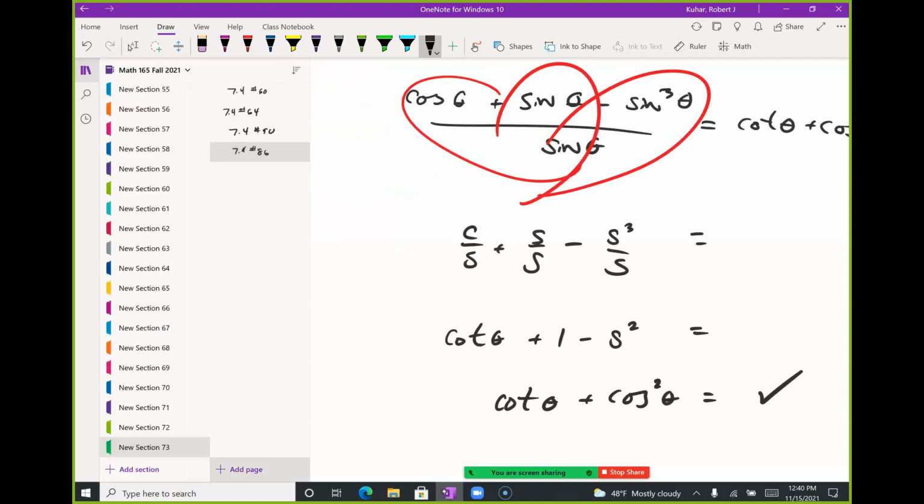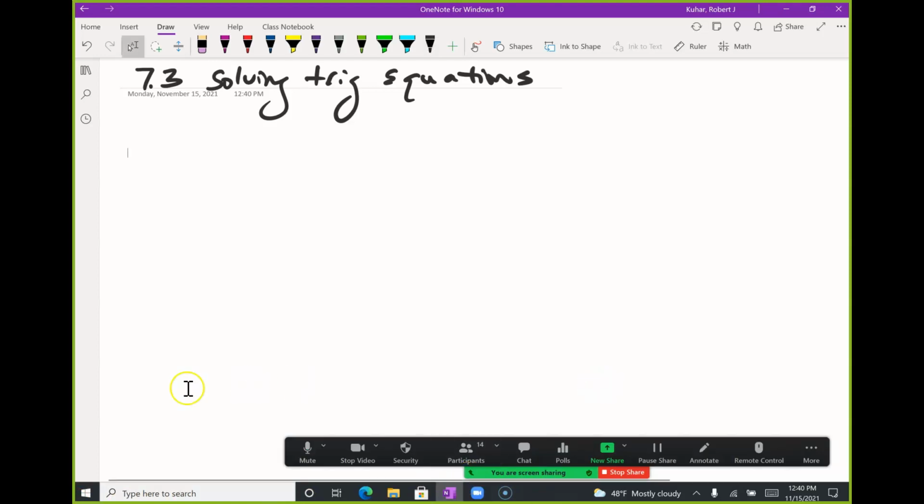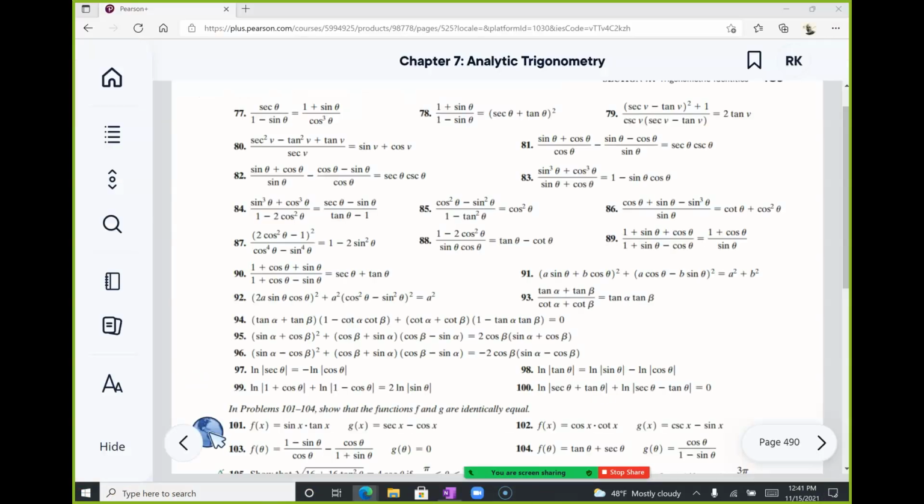Nice. Let's take a look at section 7.3, solving trig equations. So in the book, now this one I do have an assignment on Math Excel, so make sure you do those. But then I also want to just look at a few right here.